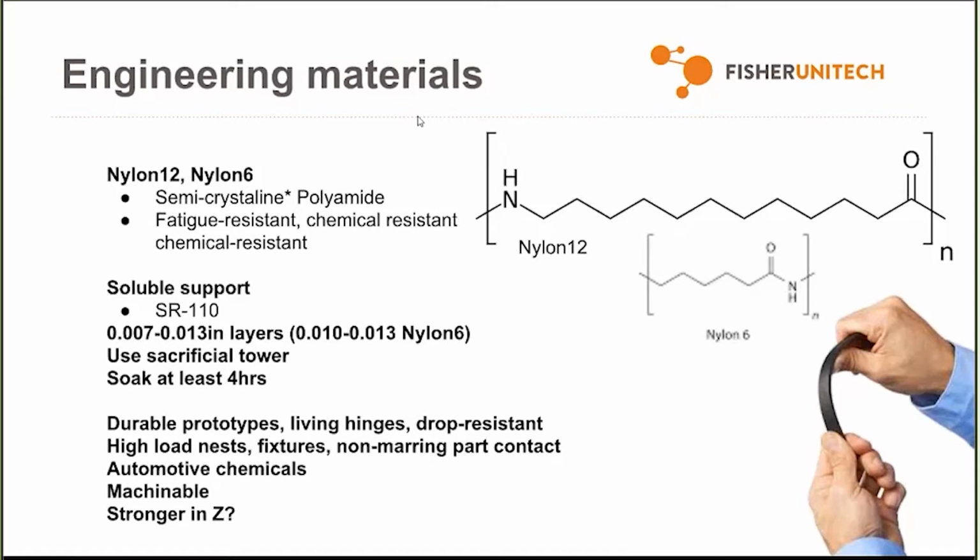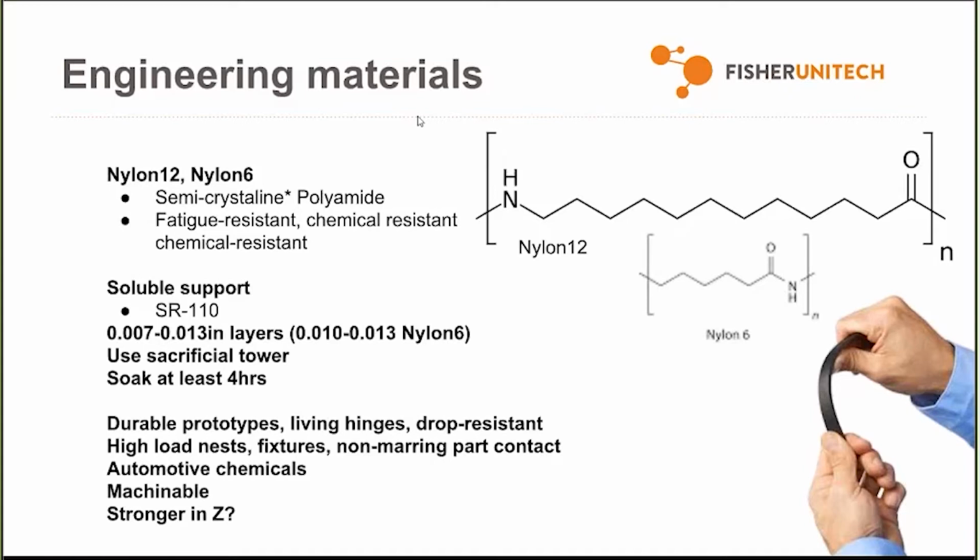Now, nylons are semi-crystalline, and that means, unlike amorphous, their molecules can arrange themselves into basically a strong geometric pattern. And that is actually what allows nylon 6, which was the original patented nylon, which was used in nylon stockings, to still be so strong even when it's pulled into extremely fine threads for textiles.